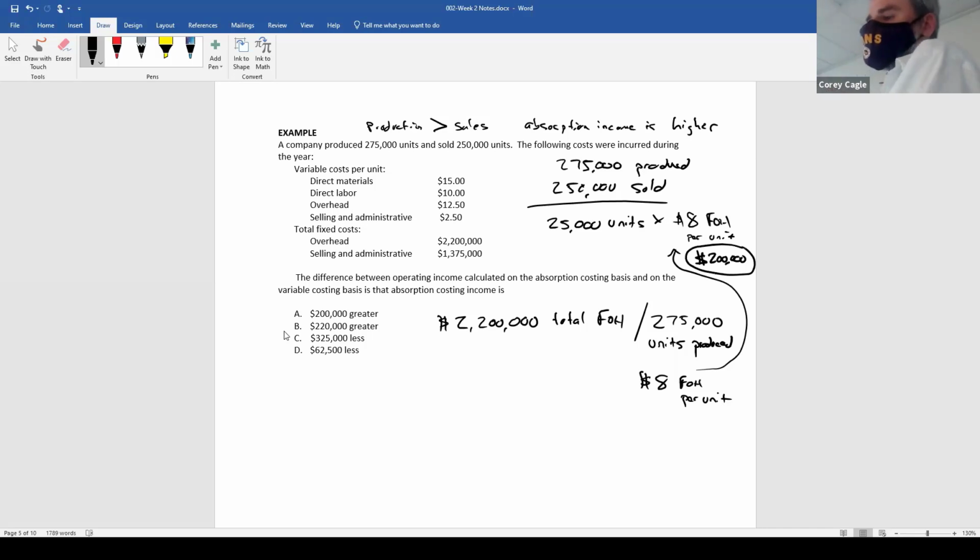So the question is, the difference between income calculated on absorption versus variable is that absorption costing income is $200,000 higher. $200,000, I'm saying greater. So there you go. So kind of every time you can do that. So good things to know.